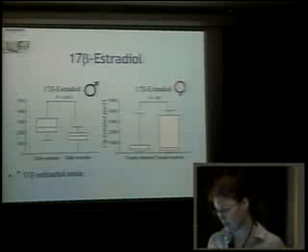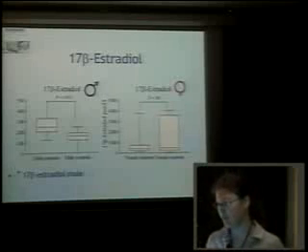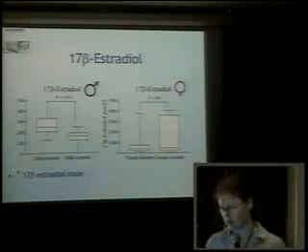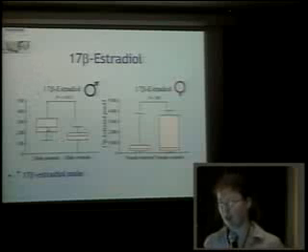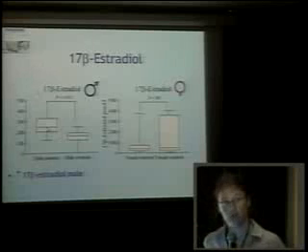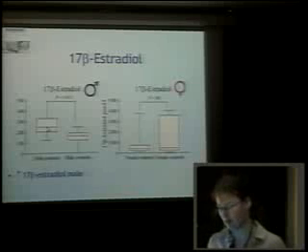So I split the data into male patients versus male controls and female patients versus female controls. And as you can see here, we indeed find a higher concentration of beta estradiol in our male patients compared to our male controls. We didn't find this for the female population.